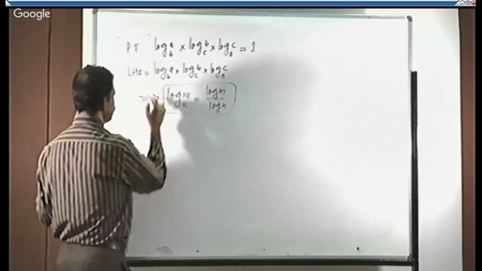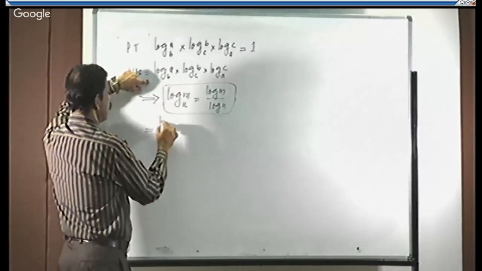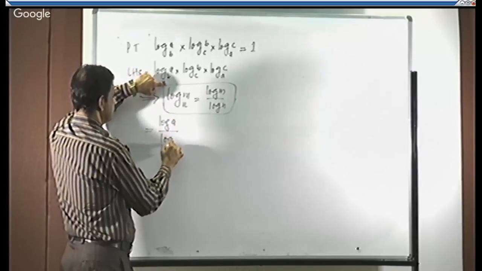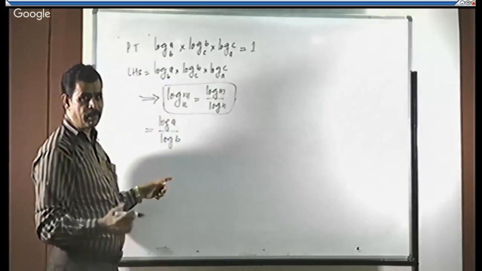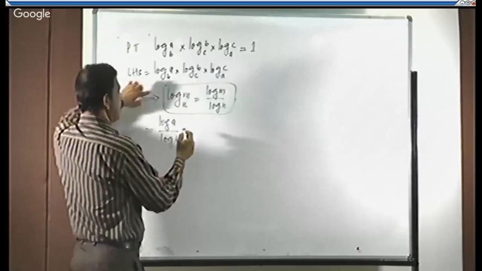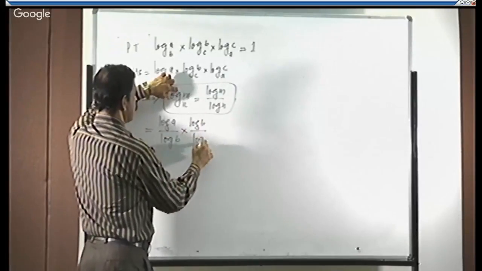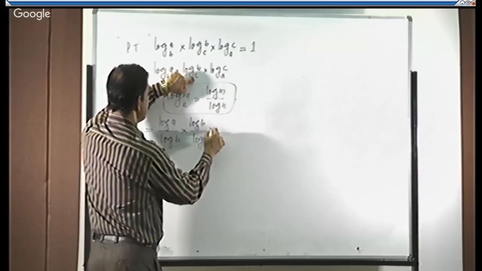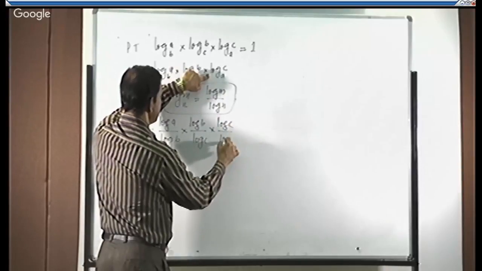According to this law, the first term becomes log of a divided by log of b. I'm not mentioning the base, so the base may be anything; it's not necessary to mention. So it is log a by log b into log b by log c into log c by log a.